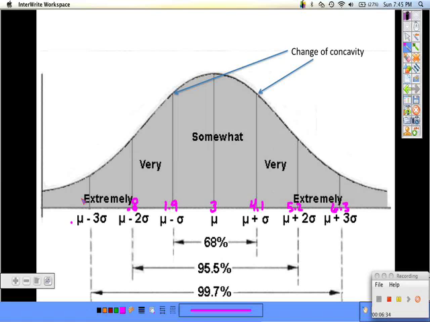And that's usually where we stop looking, because essentially beyond 3 standard deviations, we're talking about very, very little of our data. And while there's still some out there, the vast majority of it is within 3 standard deviations. And one thing to note is that 1 standard deviation either side of the mean, in this normal distribution, is where it changes concavity.